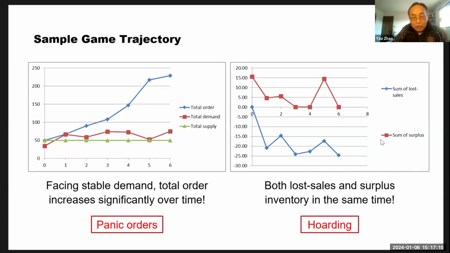On the figure to your right, you can see the total lost sales and total surplus inventory, total waste. You can see significant total lost sales and surplus inventories at the same time, which is hoarding. Like somebody holds inventories, but no demand, while other people have tons of demand but no inventory.